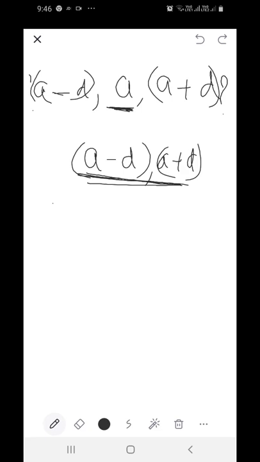So what will be your one number here? Again, take the difference as 2D. It will be A minus 3D. Make it A minus D minus 2D. And when you go to a higher number, A plus D plus 2D, that comes out to be A plus 3D.